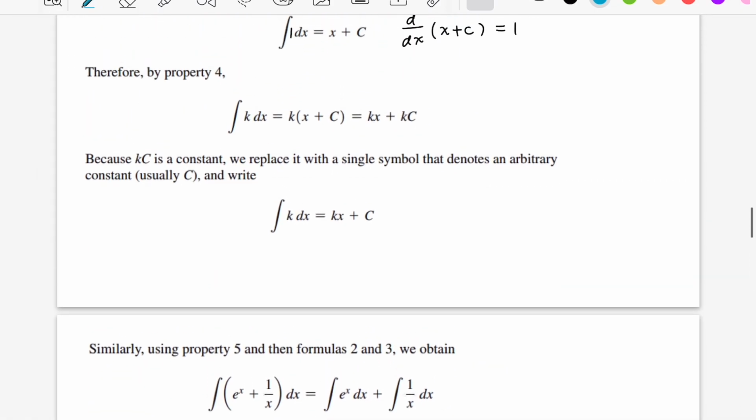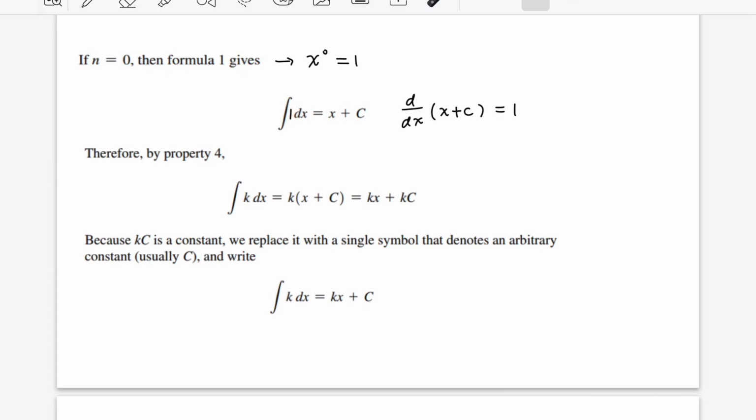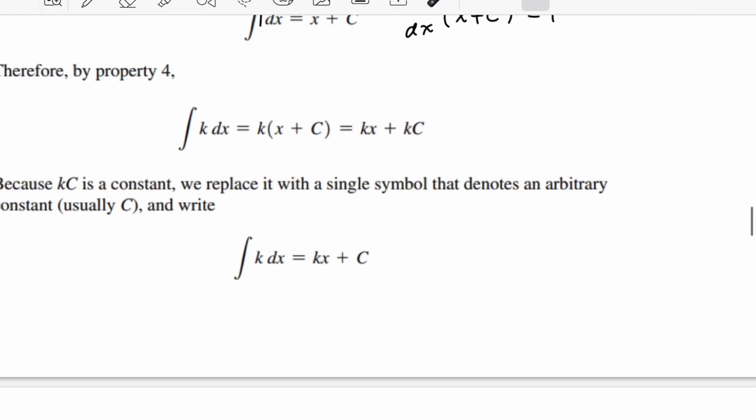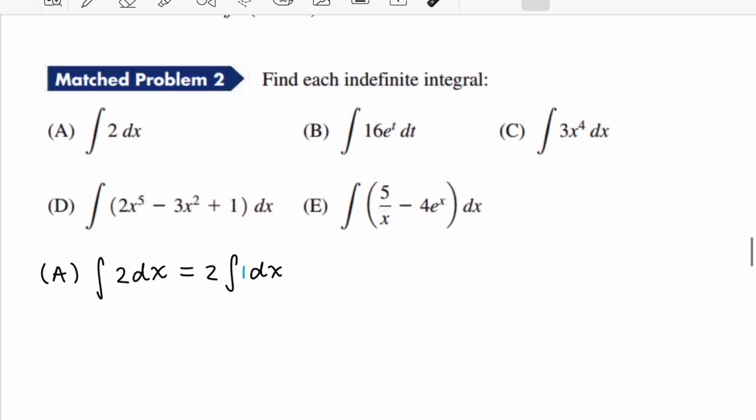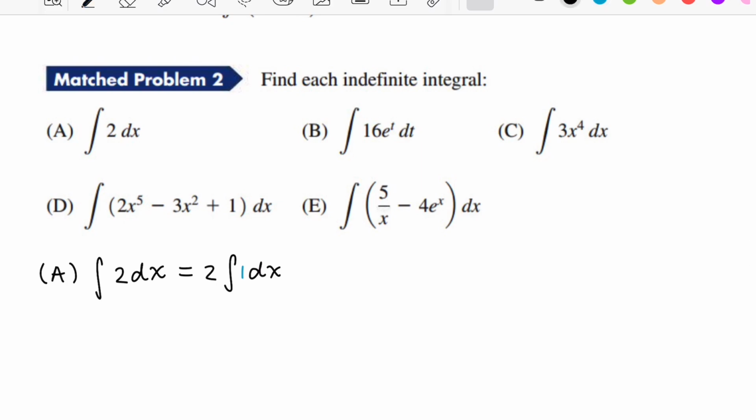And so we know that if we take the integral of dx here, it's going to be x plus c. So this will be equal to 2 times x plus c here. So then we'll get 2x, and then remember, if we're multiplying this by a constant, we're still just going to get a constant, so we're just going to call that c.